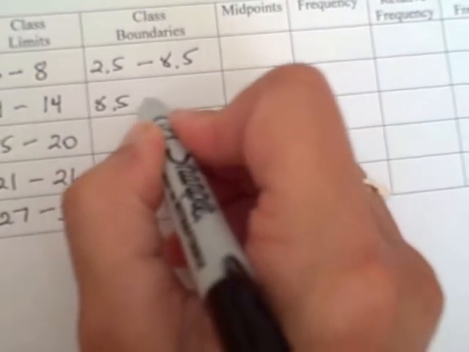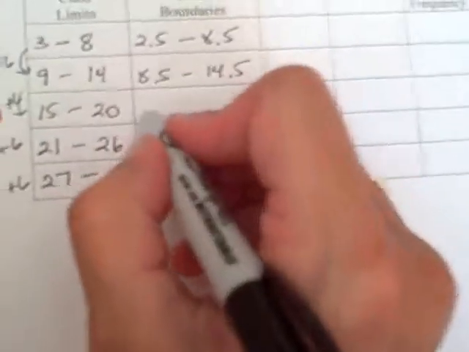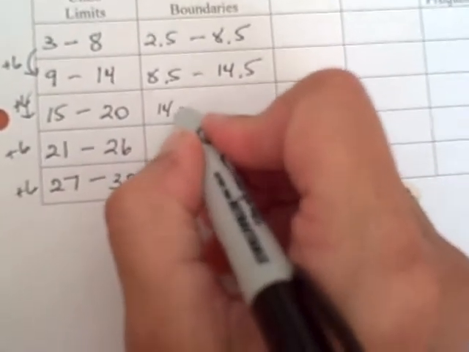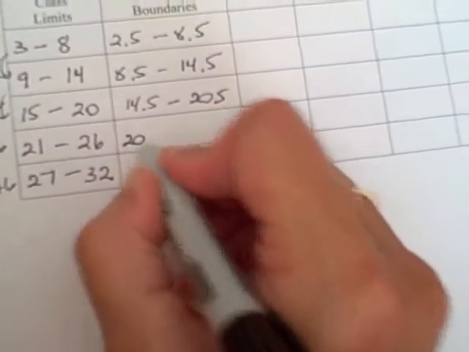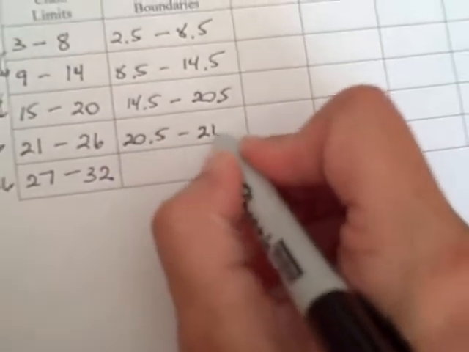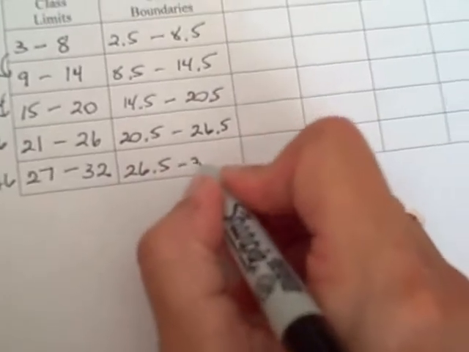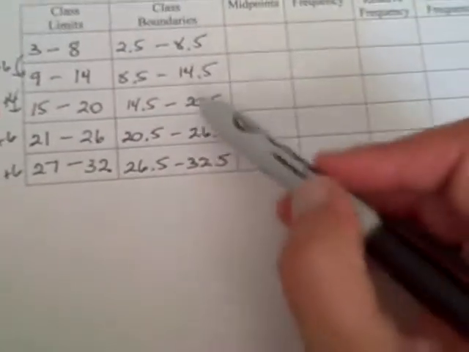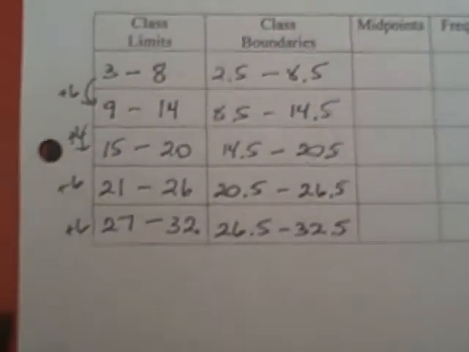When I use 9 and I go down a half, I'm at 8.5 up to 14.5. Then 14.5 to 20.5, then 20.5 to 26.5, and then 26.5 to 32.5. So just down a half, up a half. Now there's no gaps. We have 8.5, 8.5, right? 14.5, 14.5. No gaps, so when we get to our graphs later, we'll be fine.